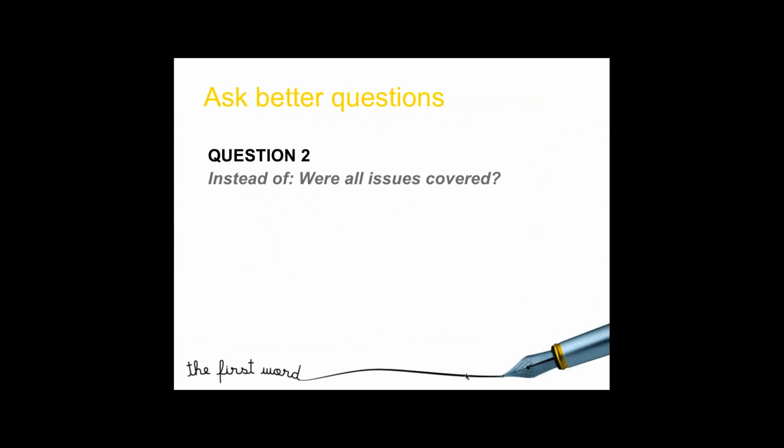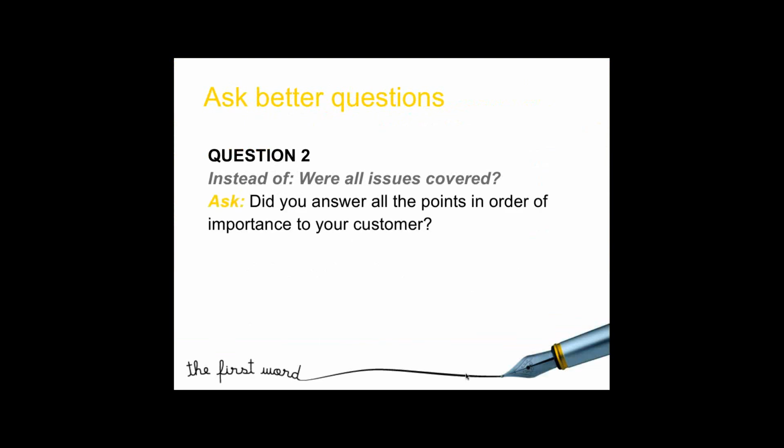Question 2. So instead of were all the issues covered, a better question is, did you answer all the points in order of importance to your customer? Now, Mrs. Hanley only had 2 issues that she was raising with us, but what if she had 5 or 6 or 7? The chances are that not all of those will be of the same importance to her.